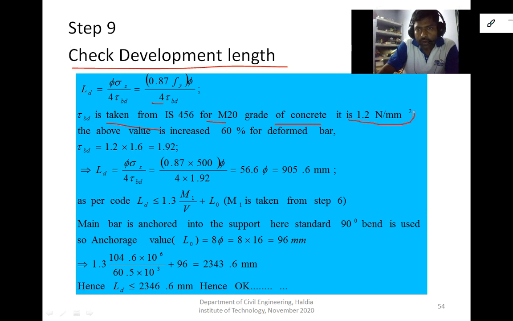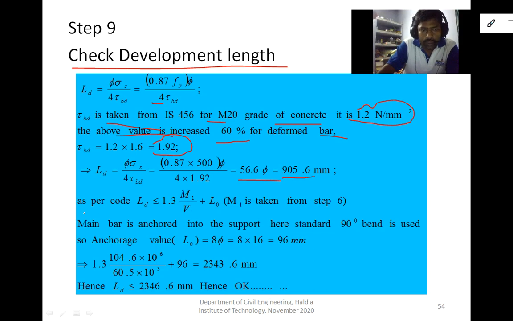It is 1.2, and the above value is increased 60% for deformed bar. So the tau bd value is 1.92. So we get 56.65 phi for M20 grade of concrete and Fe 500 steel. So the development length is 905.6.